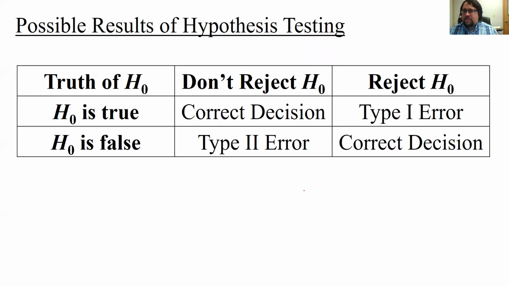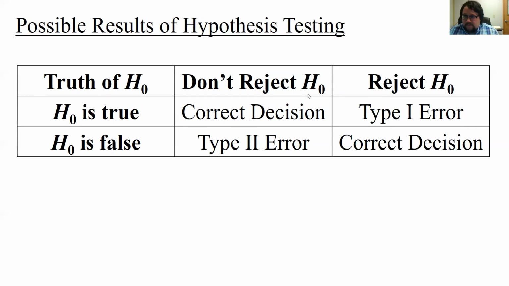All right, so let's talk about some concerns we have and some possible outcomes when you do hypothesis testing. On the left-hand side of this table, we have whether the null hypothesis, remember that's the default situation, things haven't changed, is true or not. And on the top of this table, we have the decision whether we should reject the null hypothesis or not.